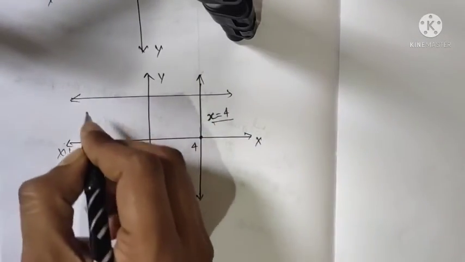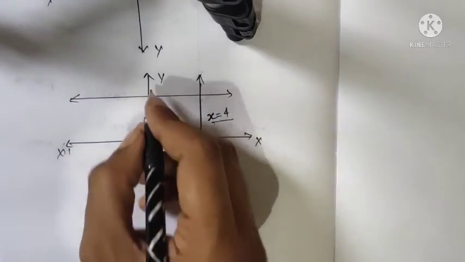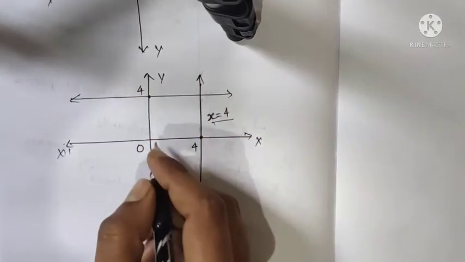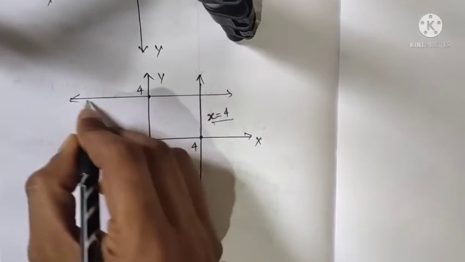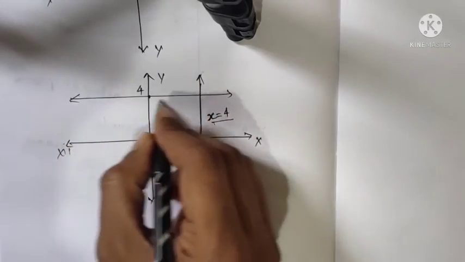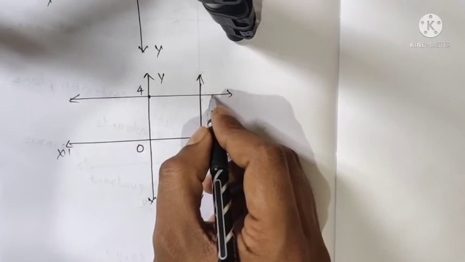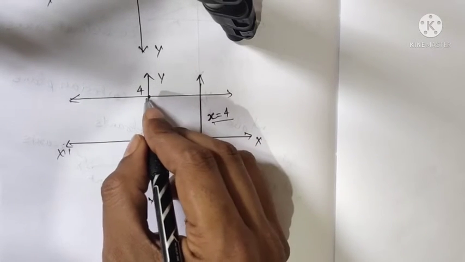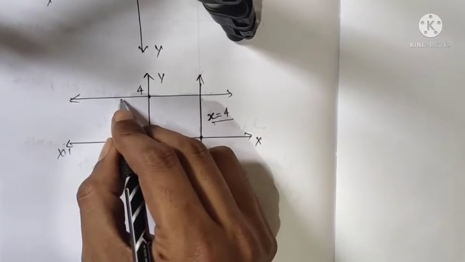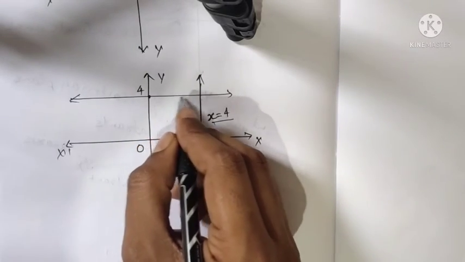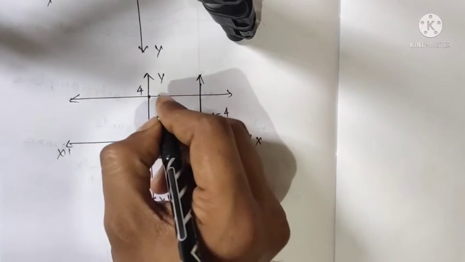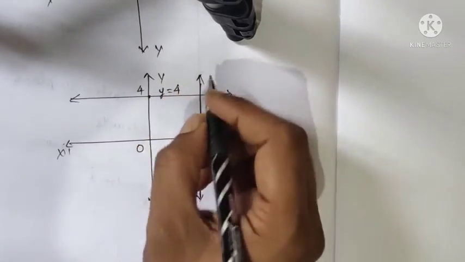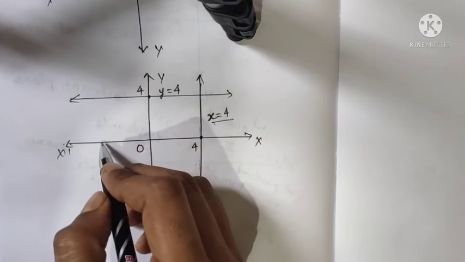Or let us consider this line which is parallel to the x-axis, where the value of y is 4. Then all points on this line have ordinate 4. Means the value of y, or ordinate, in all points on this line will be equal to 4. Hence this line represents the equation y equal to 4. That means this is the graph of y equal to 4.